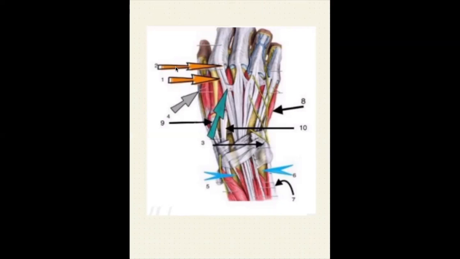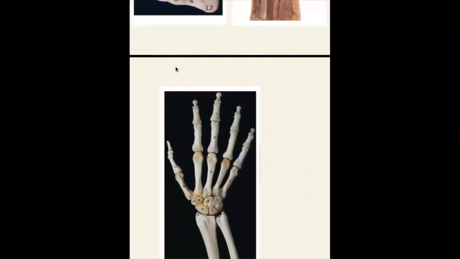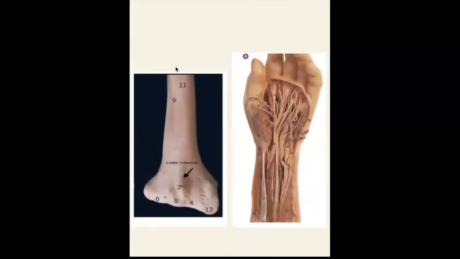So could you tell me about the anatomical snuffbox? Yes, about the boundaries and the contents. Okay. Anteriorly, it will be formed by the abductor pollicis longus and extensor pollicis brevis, and posteriorly, it will be formed by the extensor pollicis longus.